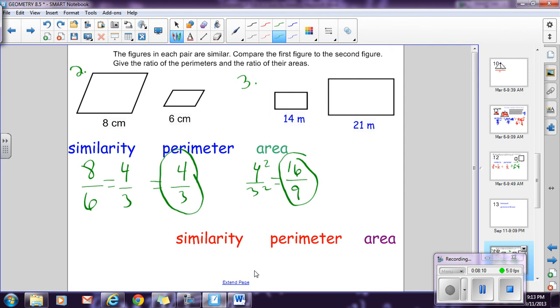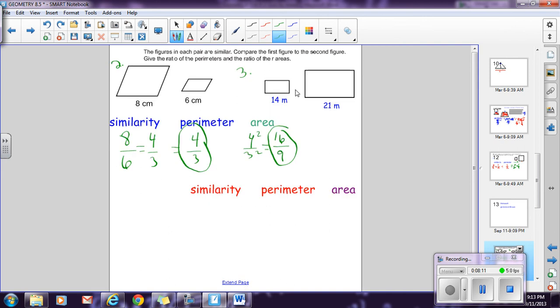All right, moving on to this number 3, which is just going to be for notes. 14/21, their similarity is 14/21, so let's change to red here. Well, you know that they can both be reduced by 7, so this becomes 2/3. That's the similarity ratio. What about their perimeter ratio? The perimeter ratio will still be 2:3.